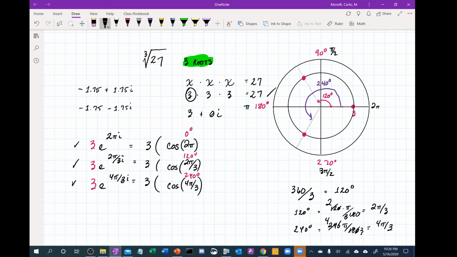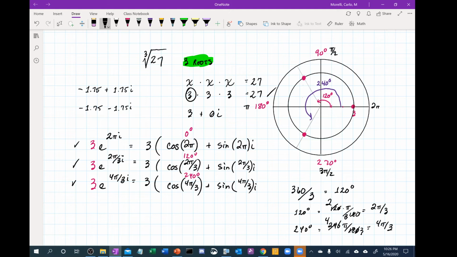Anyway, then we do plus the sine of, we're building the equations all at once, 2 pi i, 2 pi over 3 i, 4 pi over 3 i.